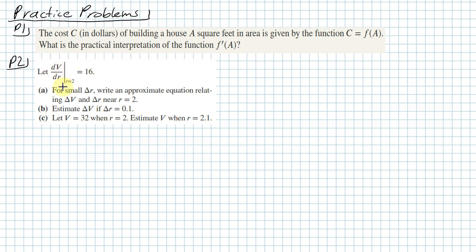I didn't do it with this vertical bar here before, but if we say that v is the output value for a function of r, what we said before was that dv over dr represents f prime of r in general.